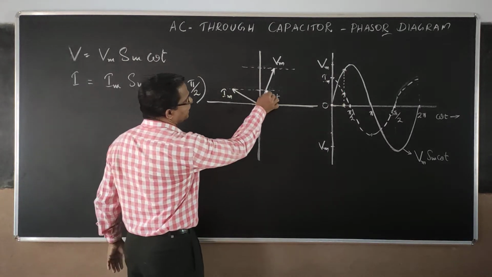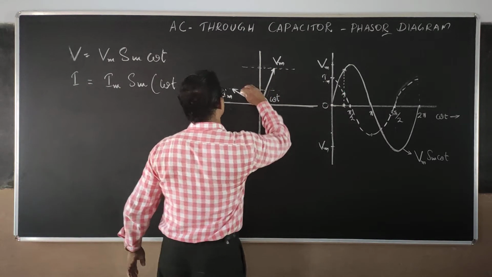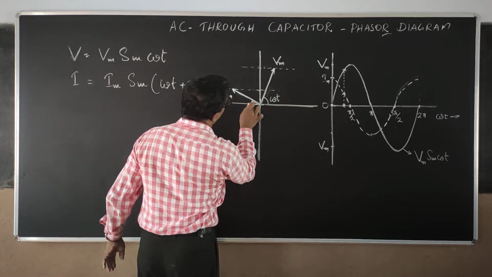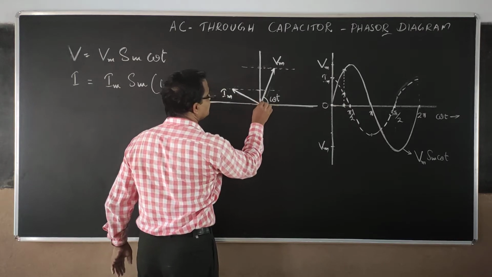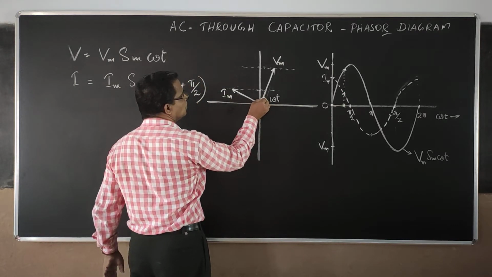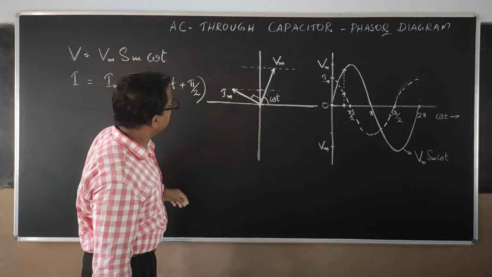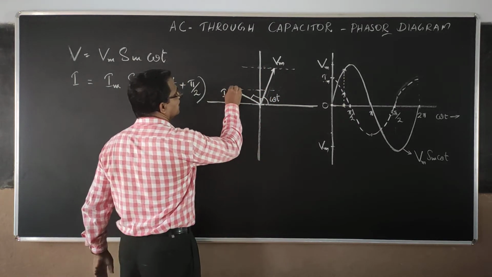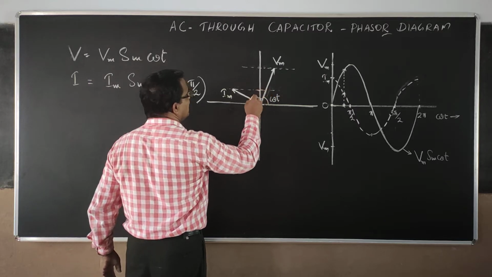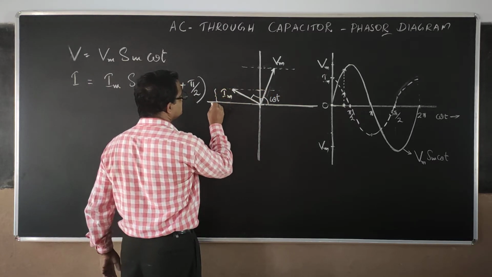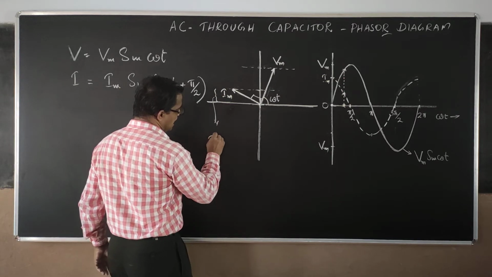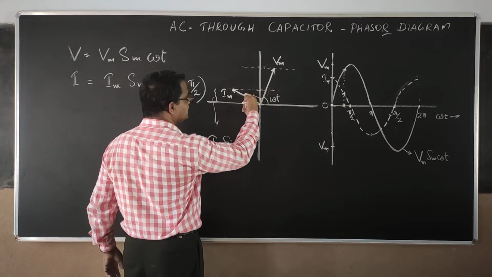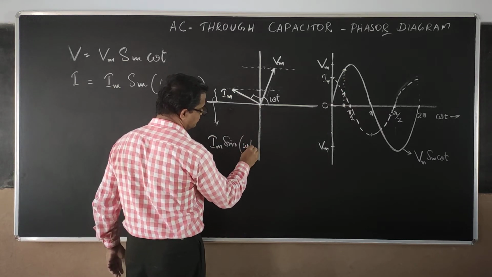and the angle between voltage and current is found to be, you see this one? The voltage and current is found to be equal to 90 degree here. So the current I, this much current, is equal to Im sin omega t plus pi by 2.